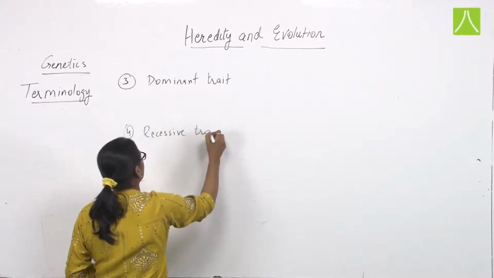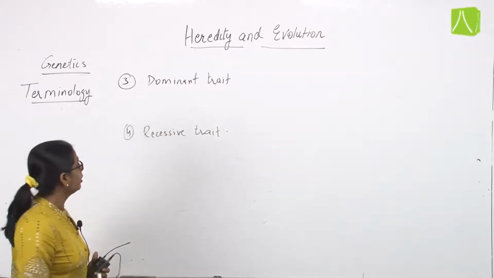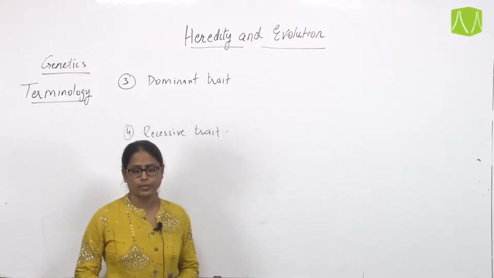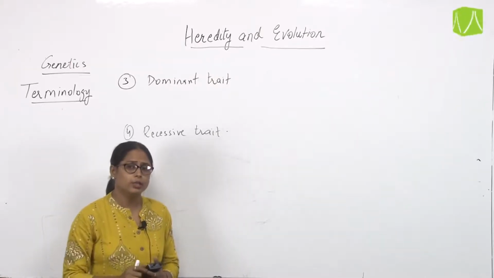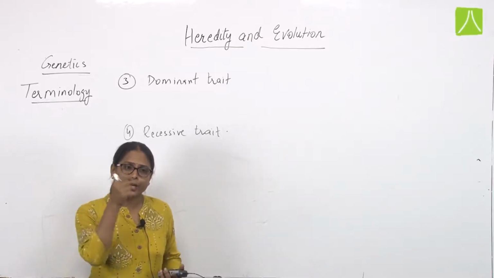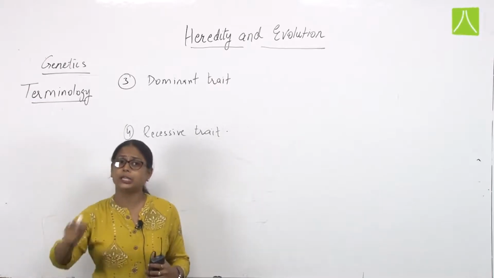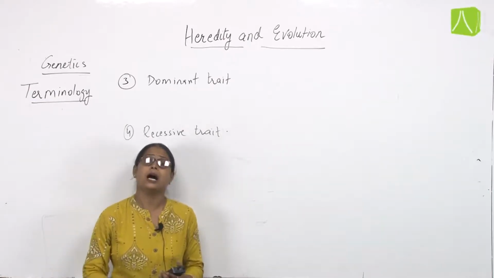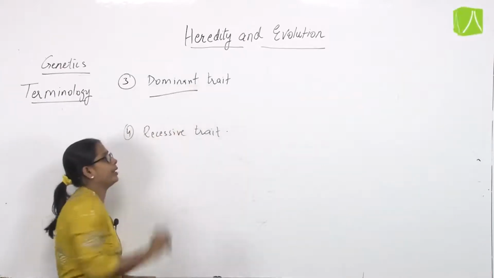Now what is this? Mendel has said that if any trait, meaning variety of a particular character, like height is a character, then it has two traits, tall and dwarf. Fine. So if the trait of a particular character is appearing in each and every generation with higher frequency, then that is known as dominant trait.